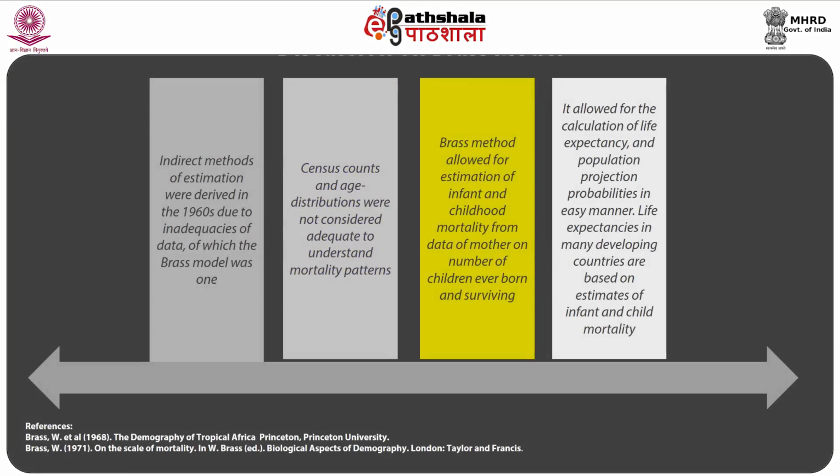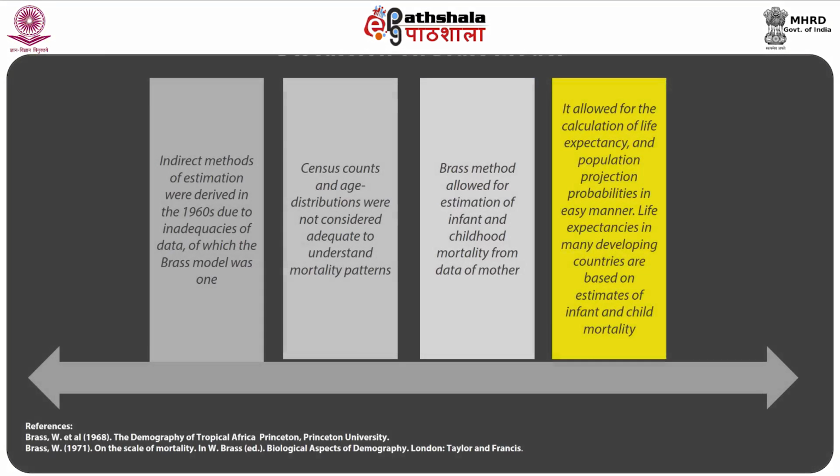The Brass method allowed for estimation of infant and childhood mortality from data of mothers on the number of children ever born and surviving. It also allowed for the calculation of life expectancy and population projection probabilities in a simple way. Life expectancy in many developing nations is estimated based on infant and child mortality data.